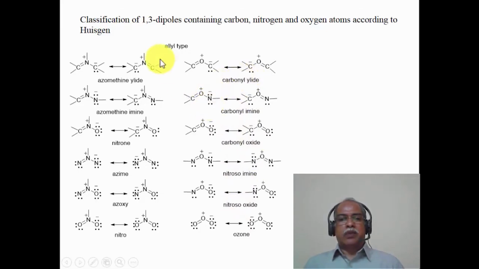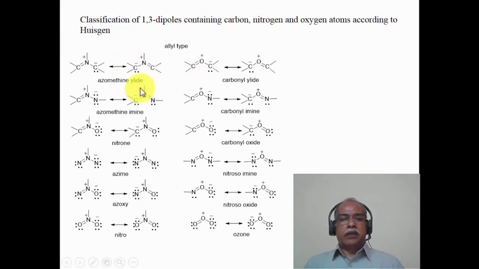These are the examples which will correspond to the allyl anion type of 1,3-dipole. You can see here in all these cases at least one heteroatom is present in the 1,3-dipole, and that is what is responsible for the formation of the heterocyclic ring during the course of the cycloaddition reaction.